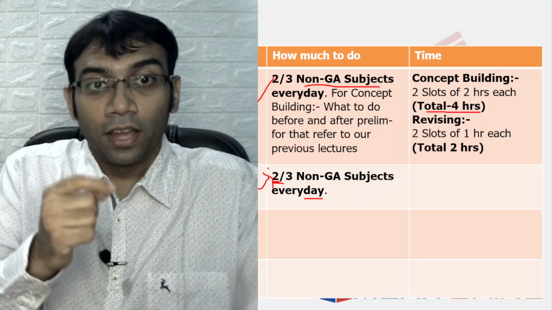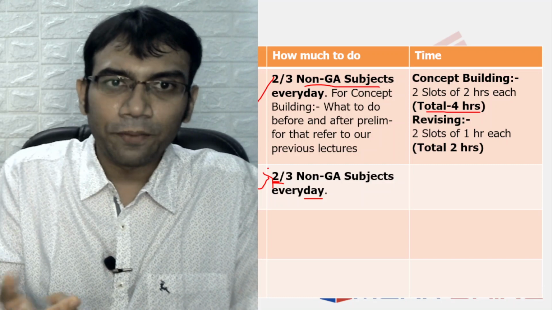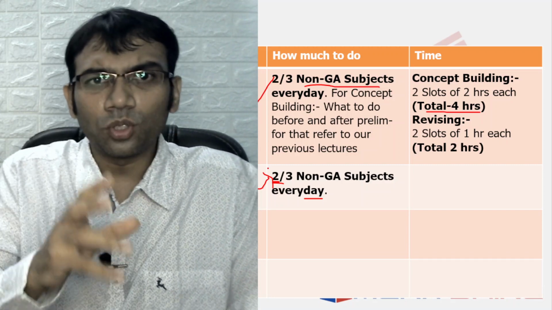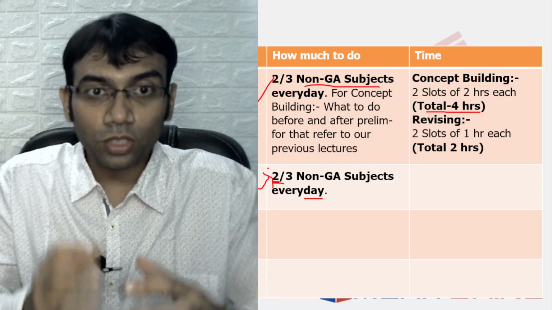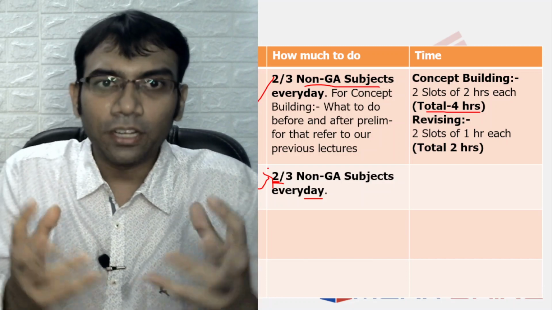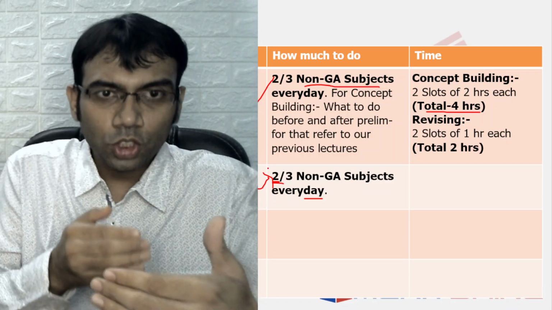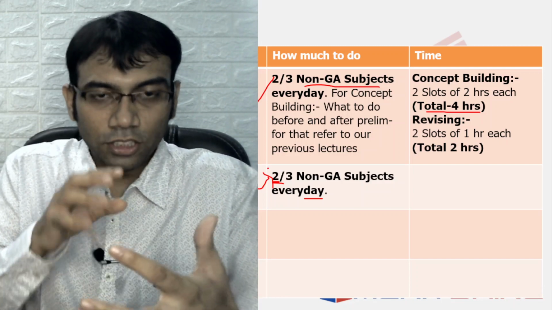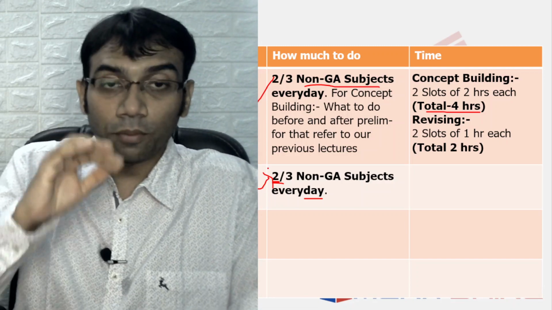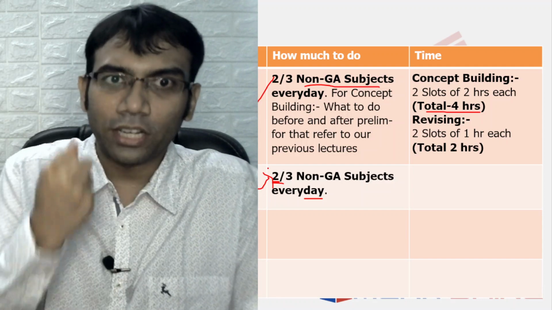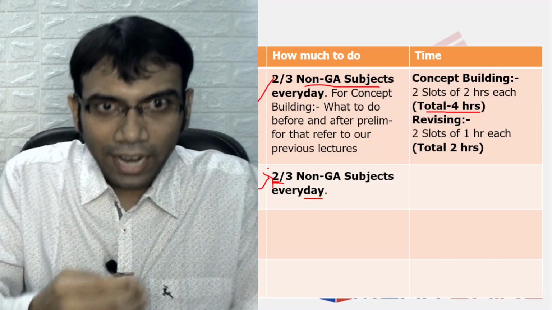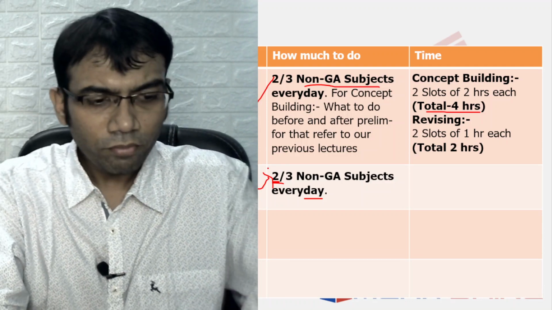Now for the guys who are revising, they should be taking sectional tests so that they are getting more varied practice at one go, because at this point of time, your target is to maximize your score and optimize your attempts. So you should be focusing on that.